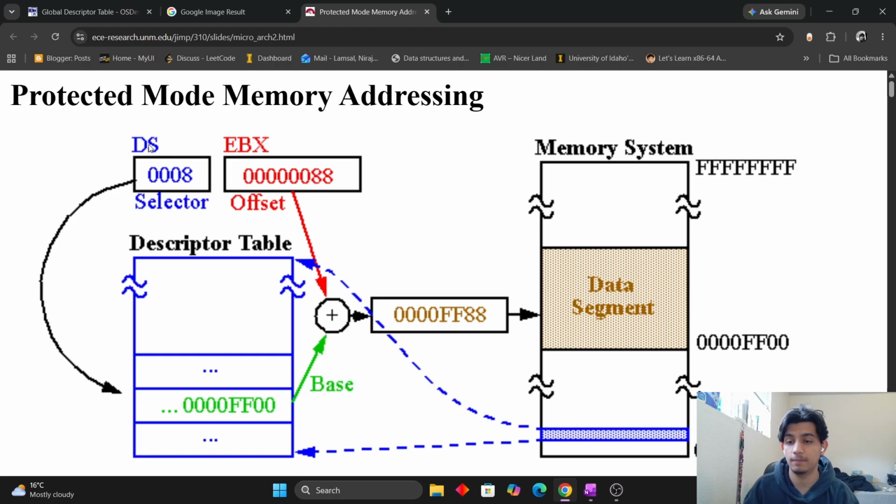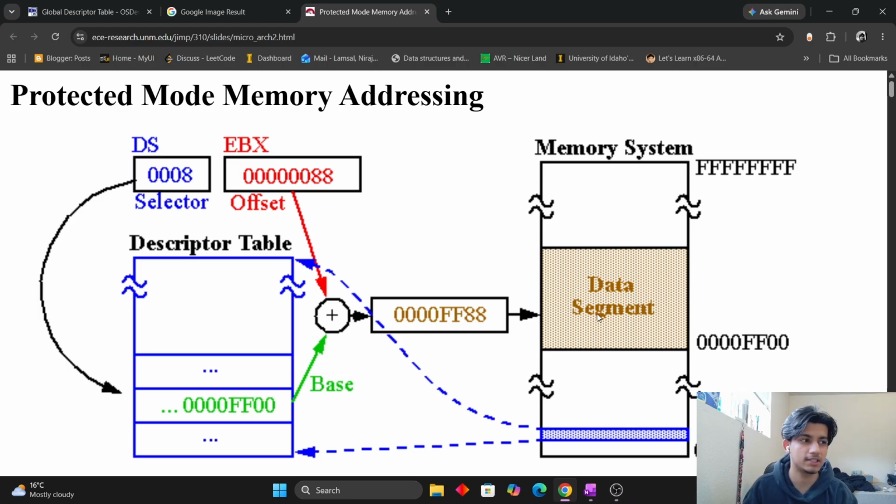Suppose the data segment selector is 0008, then this will point to an entry in the global descriptor table. Here we have the access byte and flags, and the CPU will check everything. If it is valid, then it will extract the base from here, add the offset to it, and eventually we will access the memory.